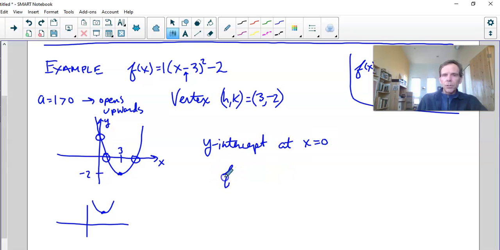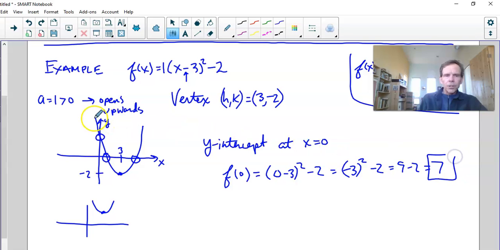So all we have to do is get the function value at x equals 0. So that would be (0 - 3)^2 - 2. Simplifying a little bit, that's going to be (-3)^2 - 2, which is 9 - 2, which is 7. So our y-intercept is 7.